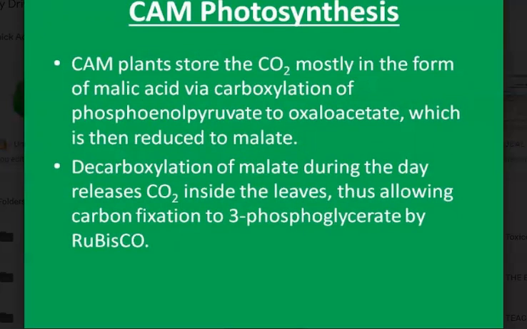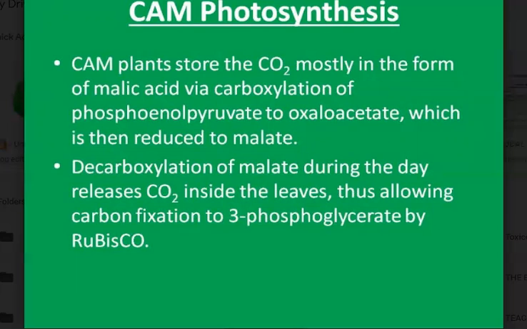Now, the CAM plants store the carbon dioxide mostly in the form of malic acid, via carboxylation of phosphoenolpyruvate to oxaloacetate, which is then reduced to malate. Okay, so that's how the CAM plants store their carbon dioxide.